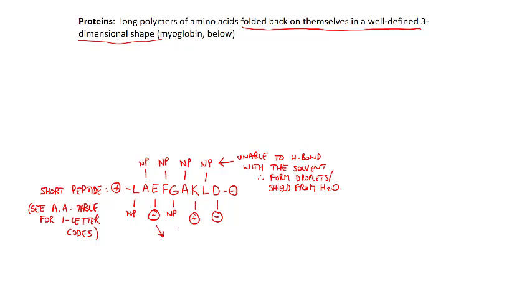But then down here we have charged groups, and these charged groups will interact with water by the ion-dipole effect, ion-dipole interactions, or with each other. And then in between each of these amino acids, we have peptide bonds which must form hydrogen bonds.